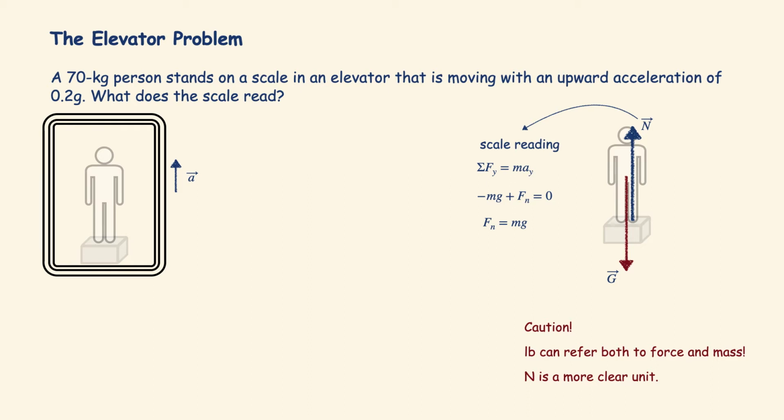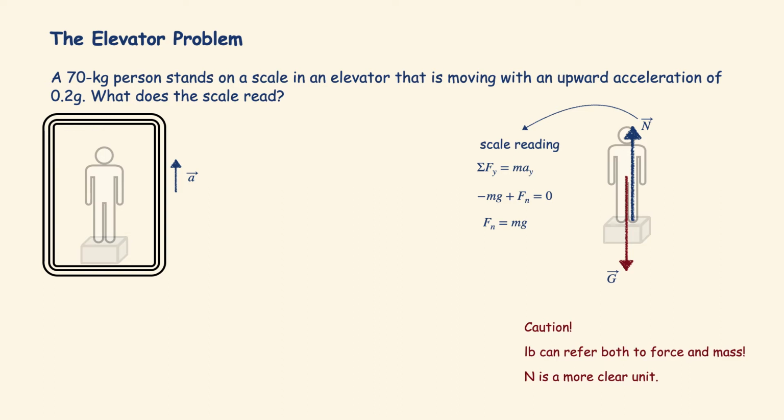My advice is to stay away from pounds if you can when you're solving physics problems. If you're solving a problem like that on a test, ask your instructor or your teaching assistant, TA, for clarification whether those pounds refer to mass or to force. I have seen them used in both situations, for mass and for force, and it's really confusing.